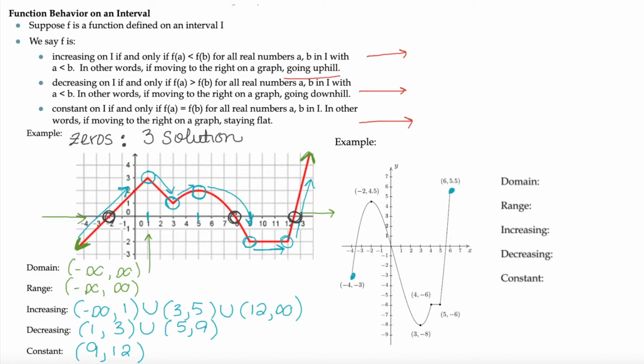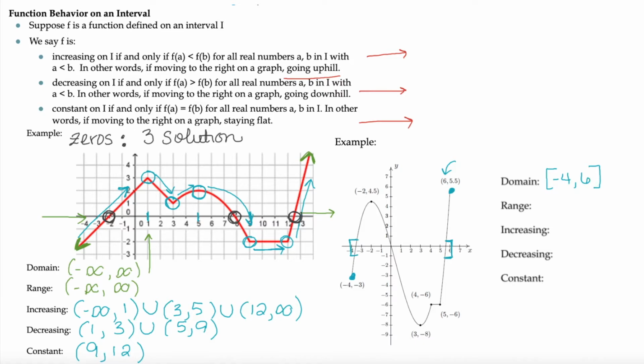When I'm looking at my domain, the furthest left my graph is at -4, and it's a solid point here. So my domain goes from -4 all the way until this point here at my x value of 6, and 6 is included because it was a solid point.